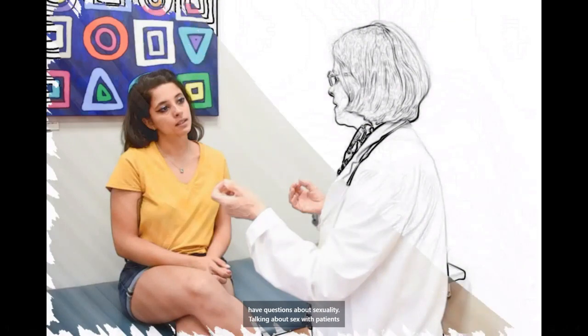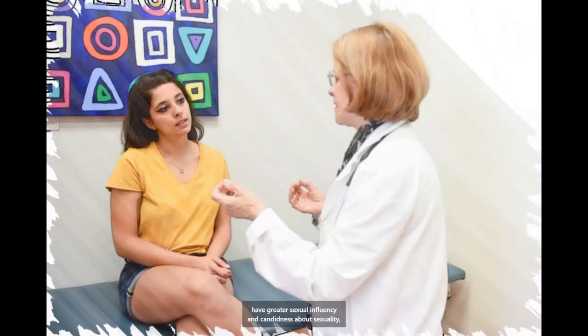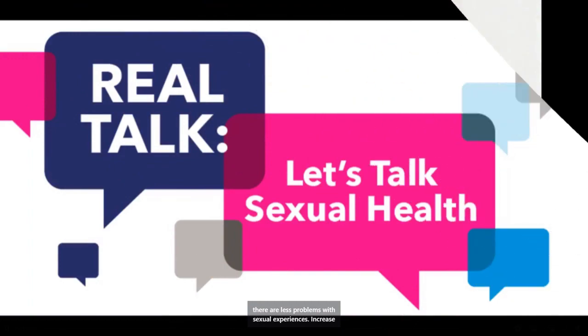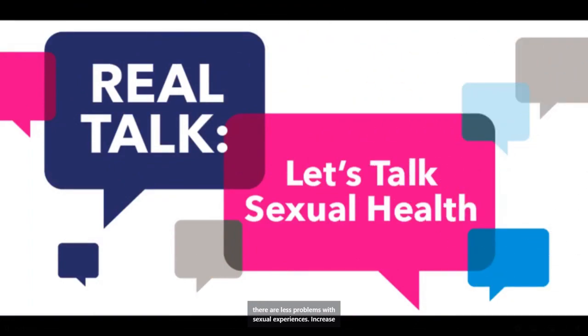Talking about sex with patients has a direct impact on unintended pregnancies and STIs, or sexually transmitted infections. In cultures that have greater sexual openness and candidness about sexuality, there are fewer problems with sexual experiences, increased contraceptive use, fewer STIs, and fewer unintended pregnancies.